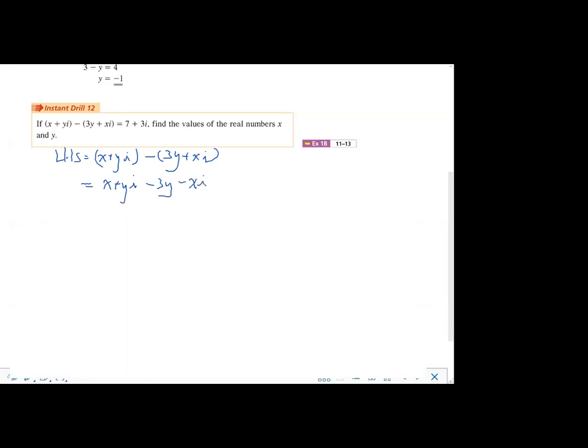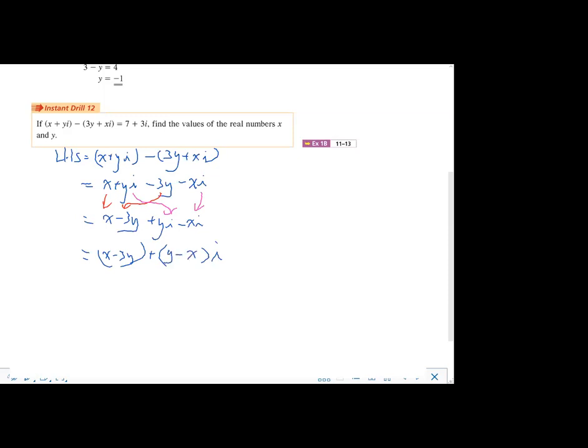And then the x minus 3y goes together, and the plus yi minus xi goes together. Then x minus 3y is the real part, and we take out the i and write down the remaining terms inside the bracket, which becomes y minus x.